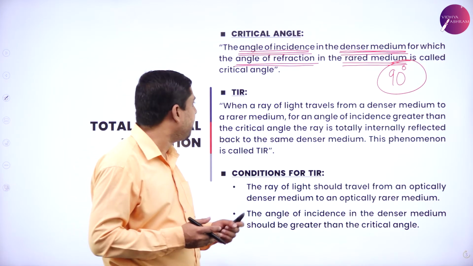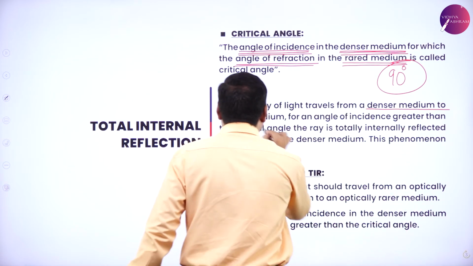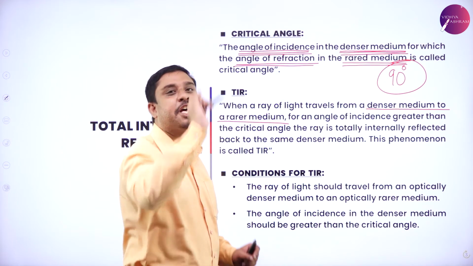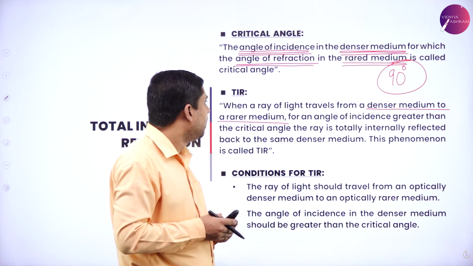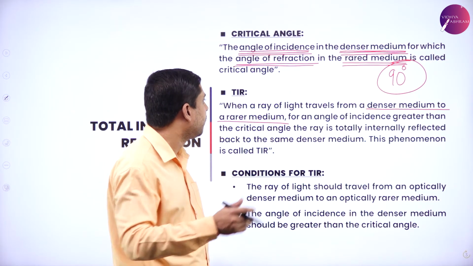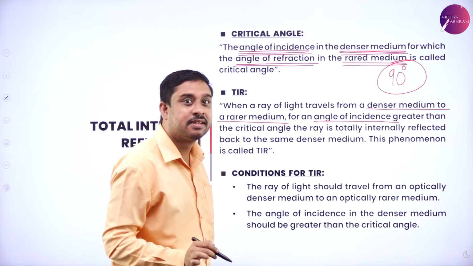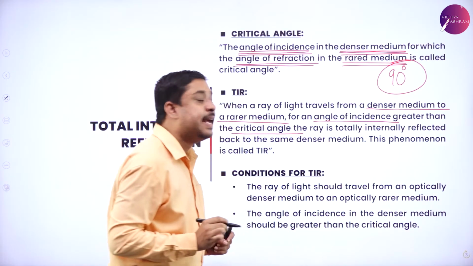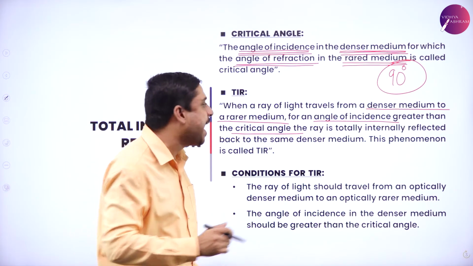So by the definition, when a ray of light travels from denser medium to rarer medium, the essential condition is that the angle of incidence should be greater than critical angle. Then what happens to the ray?